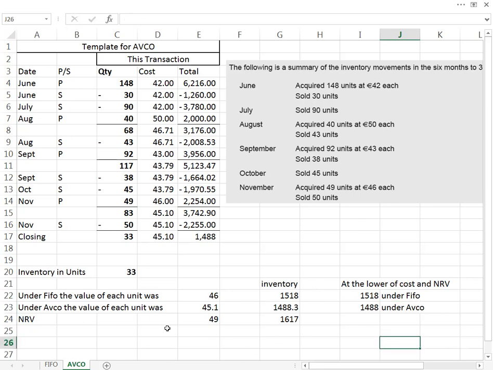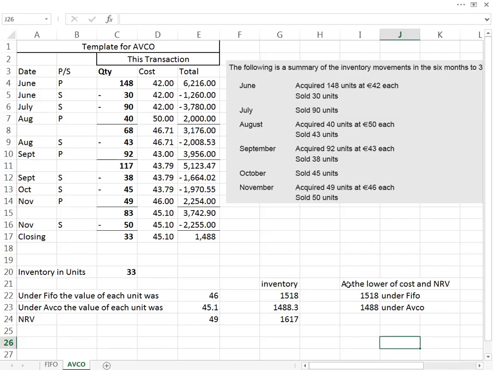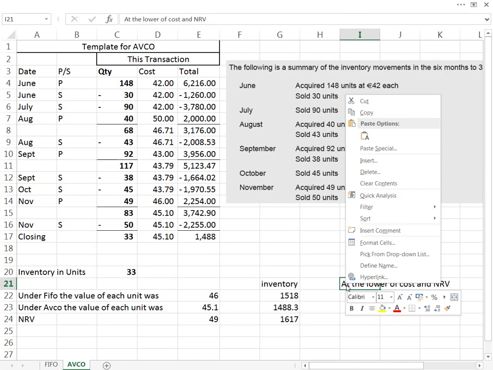They just asked if 49 was the net realizable value, what value would you put on the inventory under FIFO and under AVCO? And you just had to remember that it's the lower of cost or net realizable value. That's what you want to use, the lower of those two.